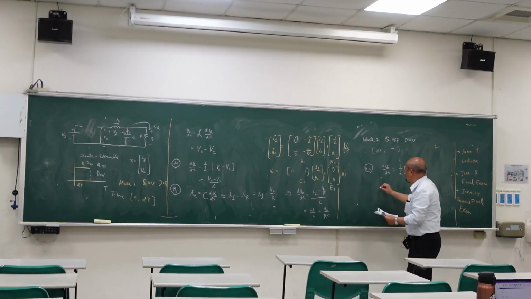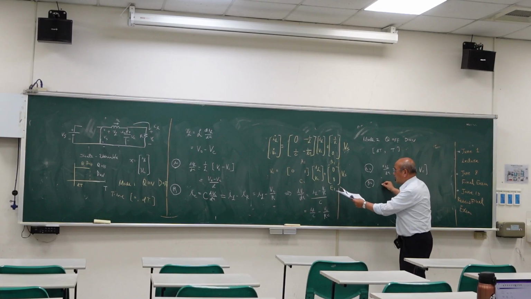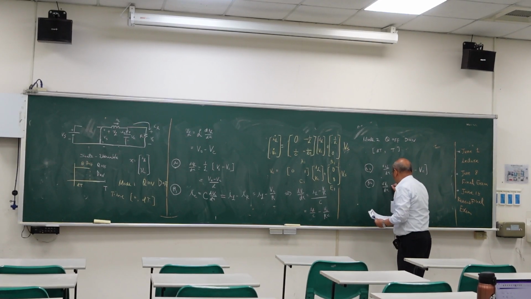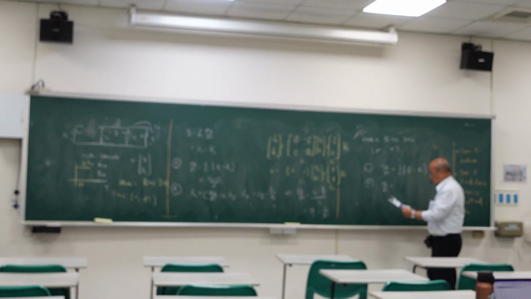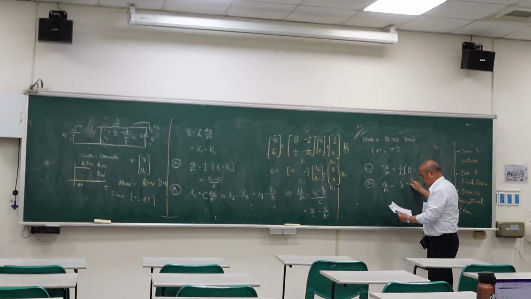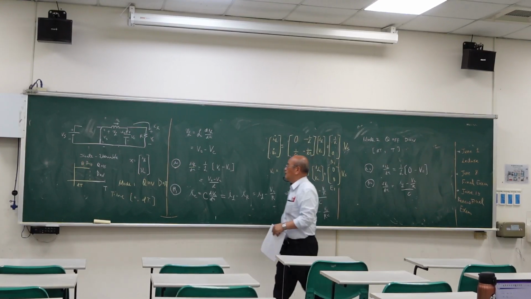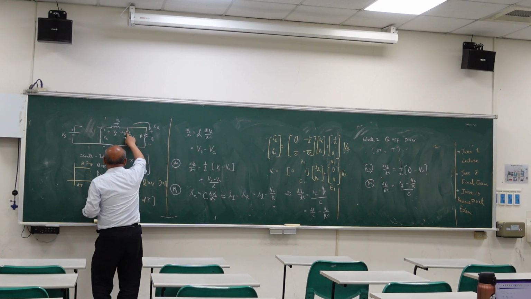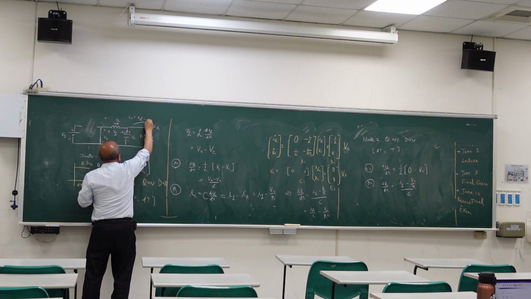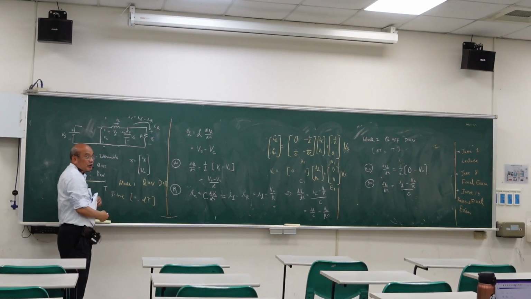How about B2? For this one, dVc/dt equals what? (IL minus Vc/R) divided by C. IC is IL minus IR, the same, because we have no change, right?